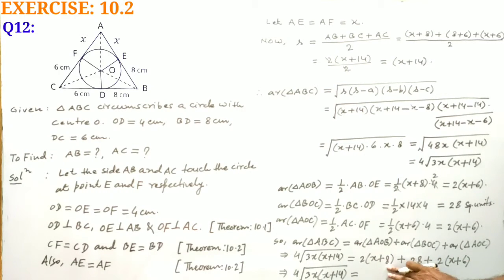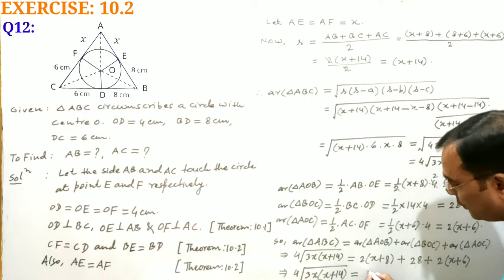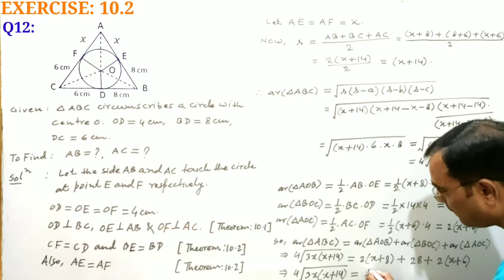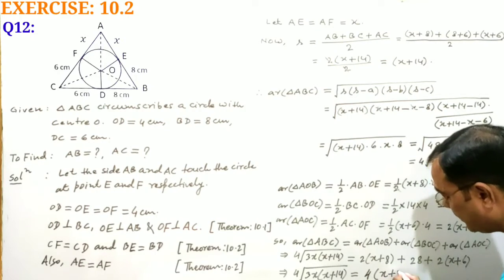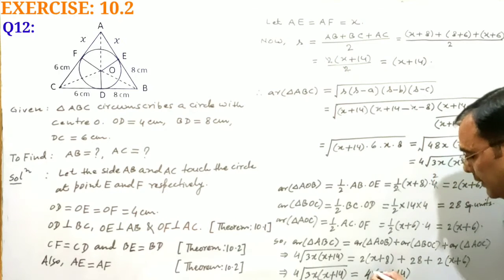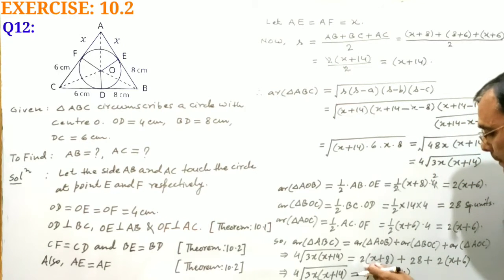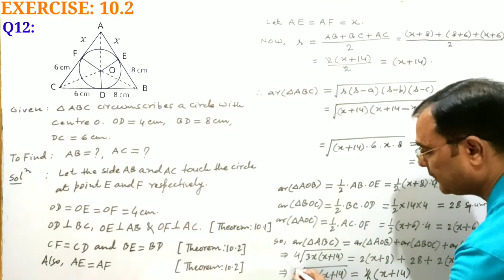So from here if you simplify you will get 4x plus 56. So we can write 4 into x plus 14. This 4 cancelled.